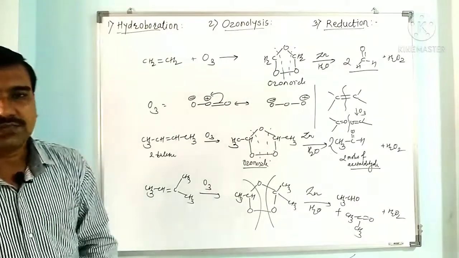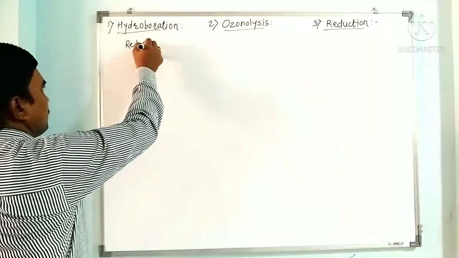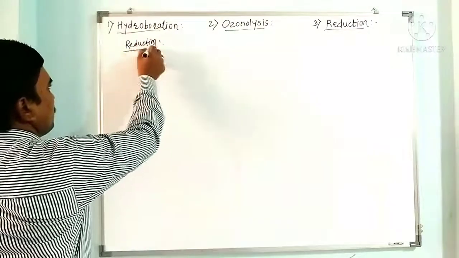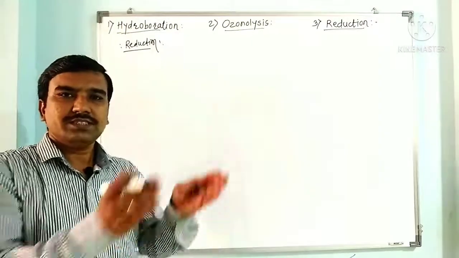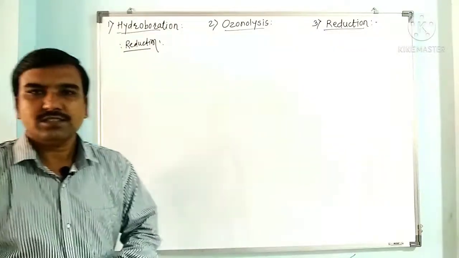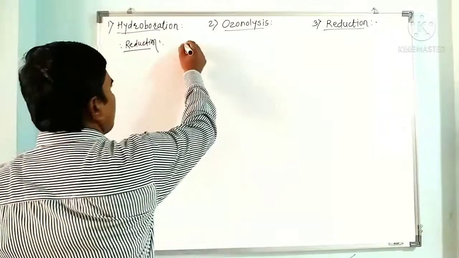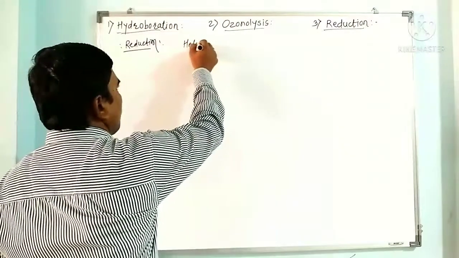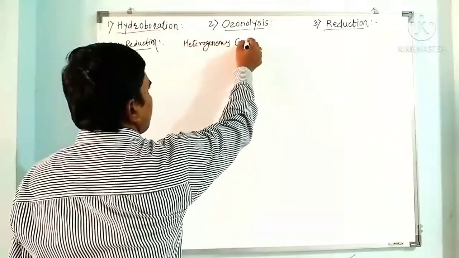Now the next reaction we have to see is reduction. In the reduction of alkenes, we can have 2 types. One is catalytic reduction in presence of nickel, platinum or palladium catalysts, which are called heterogeneous catalysis.